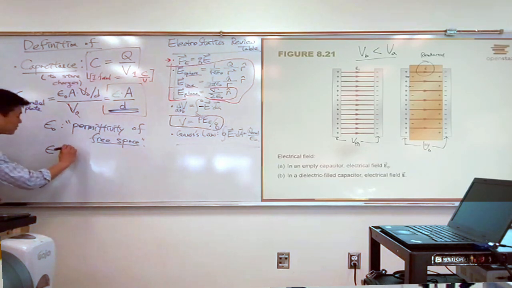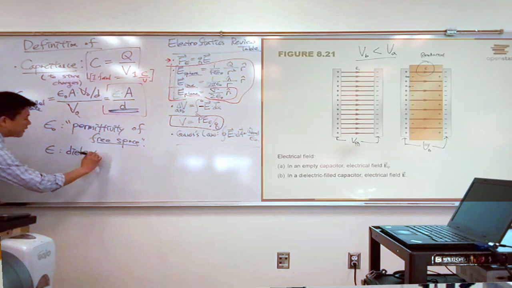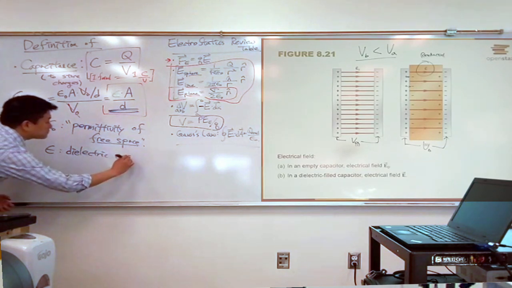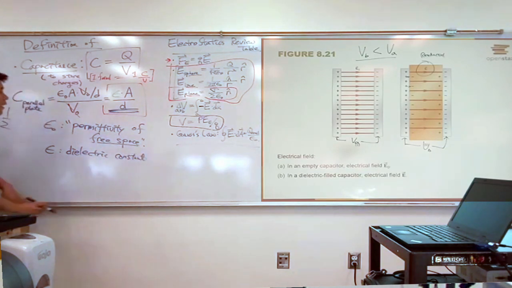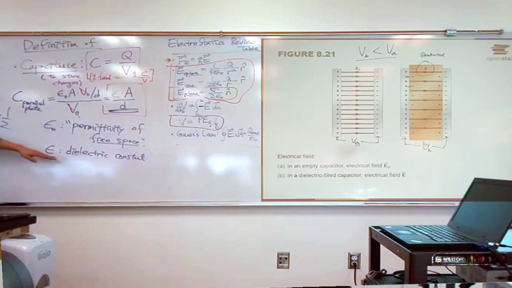But it's easier to call it just the dielectric constant. The dielectric constant of most materials will be bigger than the dielectric constant of vacuum, because vacuum doesn't polarize, whereas most materials will, and the result of polarizing is that it makes the capacitance greater.